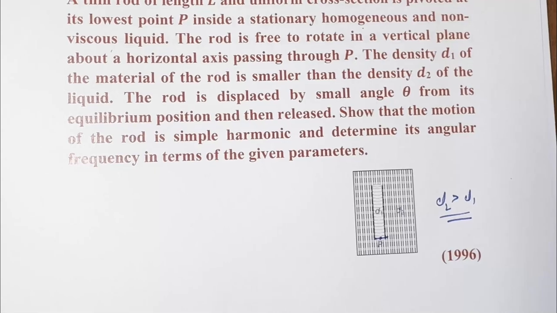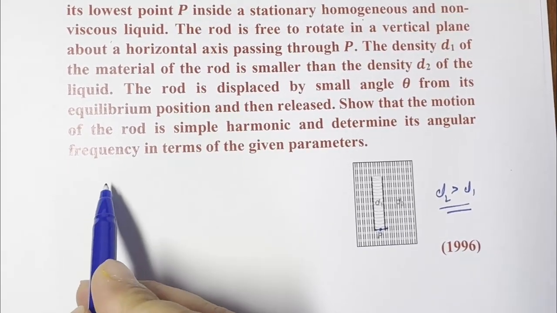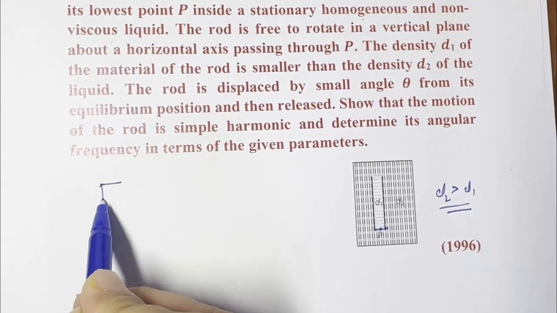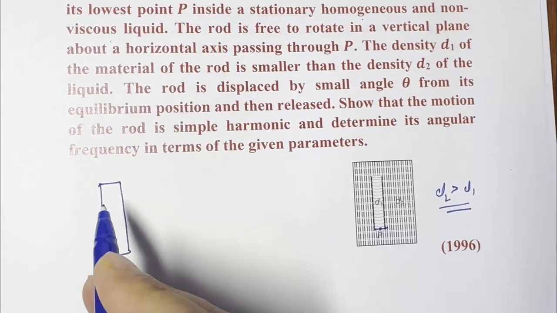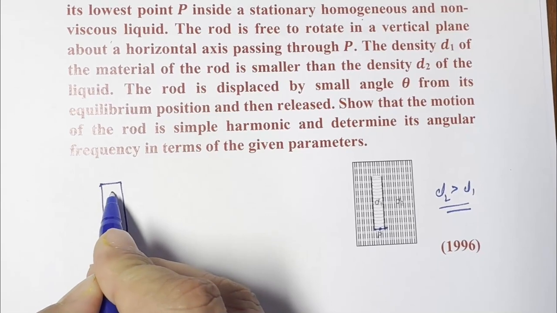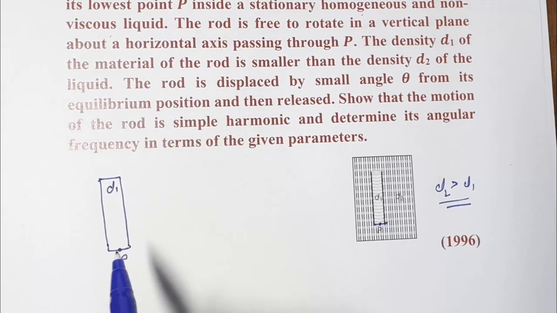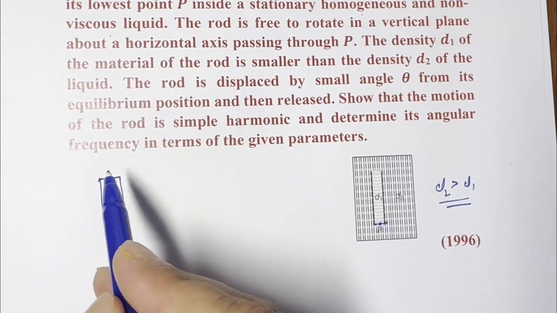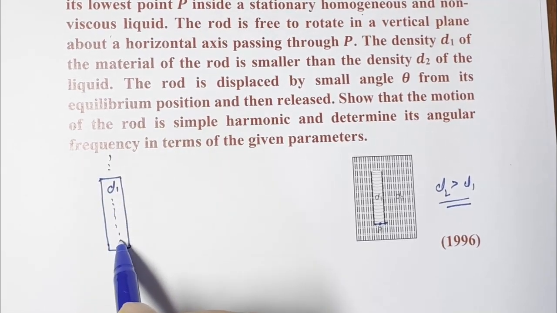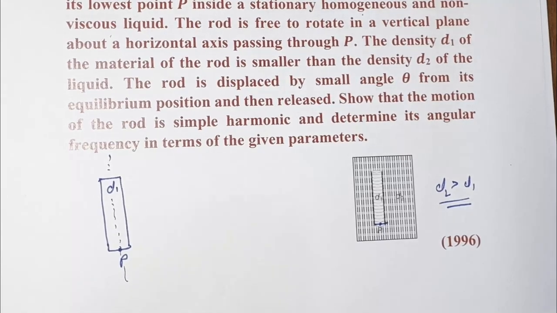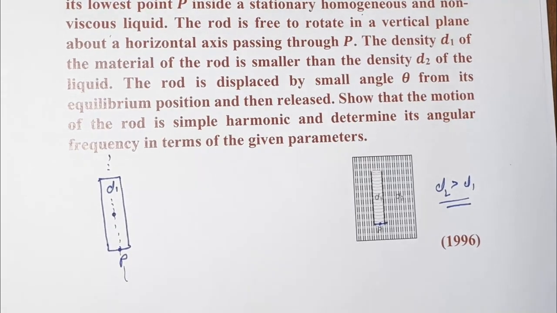So we can divide this into two cases. First case, when the rod is vertical. So here this is a rod and the density of the rod is D1, and this is the pivot point P, and it says that it is free to rotate about the horizontal axis passing through point P. And let us suppose this is its center of mass.